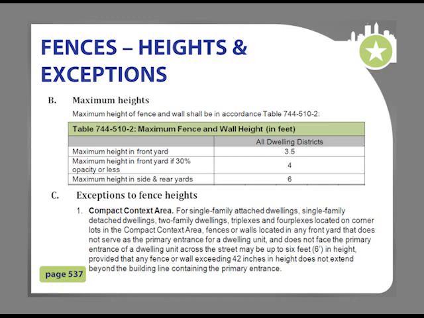So if a property is located in the compact context area, they are allowed the listed exceptions to the fence heights. So the change is not in the exception, but we're using the compact context area map to delineate where this exception applies.